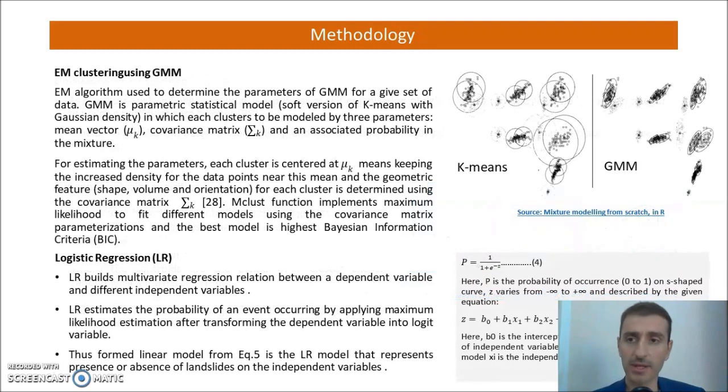When we come to the expectation maximization algorithm for the Gaussian mixture model, it is considered the soft version of k-means, which is the enhanced version. It depends on three parameters: first the mean, also the covariance matrix, and the associated probability in the mixture.